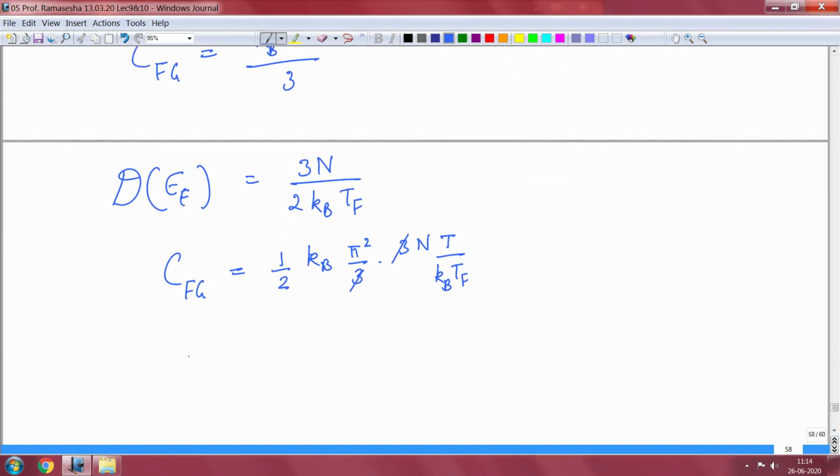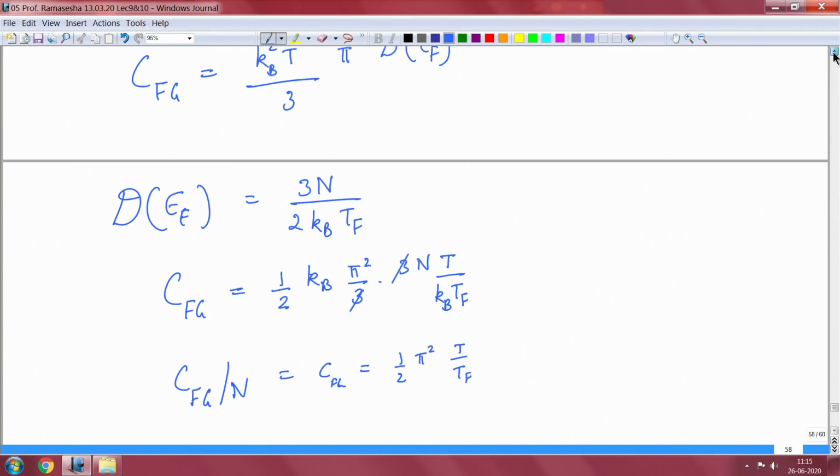And so the specific heat per electron is given by C Fermi gas by N, which is equal to 1/2 pi squared times T by TF. I think I have missed a factor of 2, just one second.